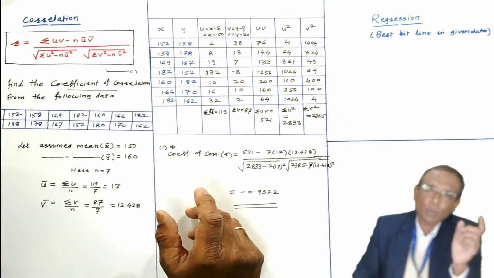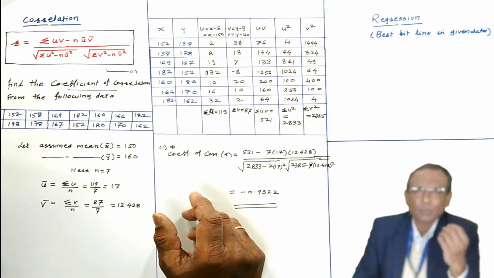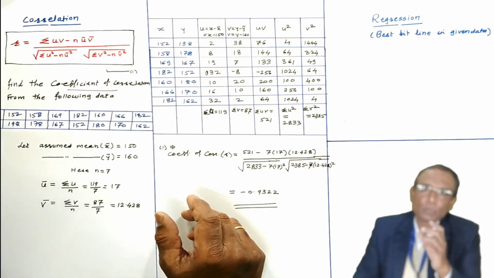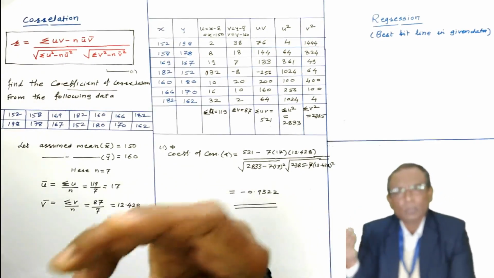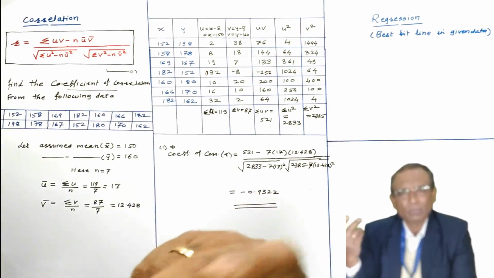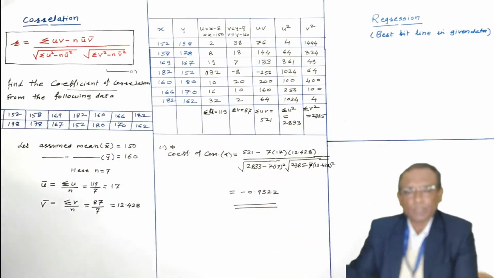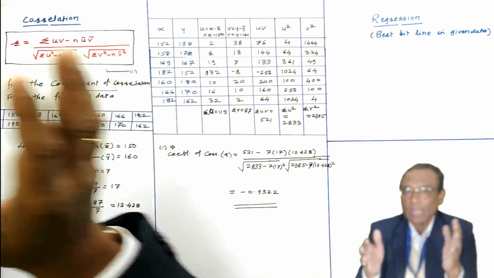The population in 2000 was 100 crore, suppose, and the food demand was 2000 metric ton, for example. In 2001, the population was 105 crores and the demand was more, 2050 metric ton. Gradually demand is increasing and population is also increasing, and you have the data for the last 20 years.